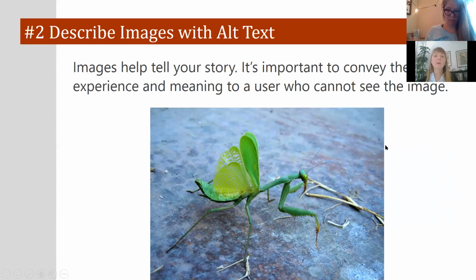The key point here is that you want to have an equivalent experience for the person who's looking at it. If I just said praying mantis, that would give the idea of what it was, but it really wouldn't convey the same experience as if you were able to see it with your eyes. And that's an important factor.